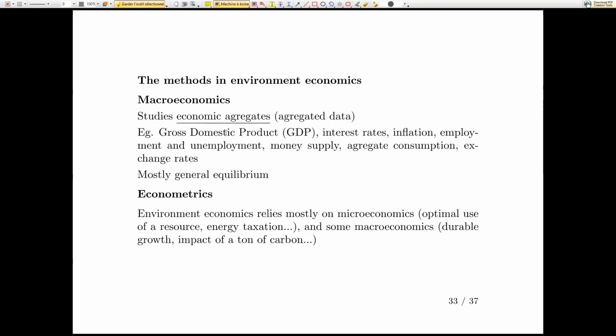And then to analyze it well and to come up with good estimates of these models, then you need econometrics. So I'm not going to ask you to use econometrics since you're not too advanced in this field, but know that it's coming for you if you continue in economics.